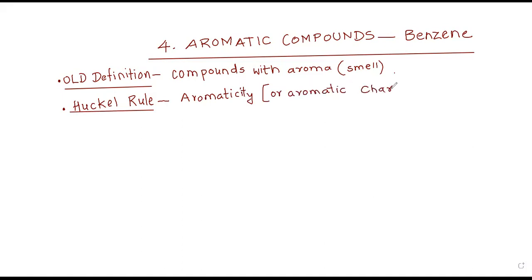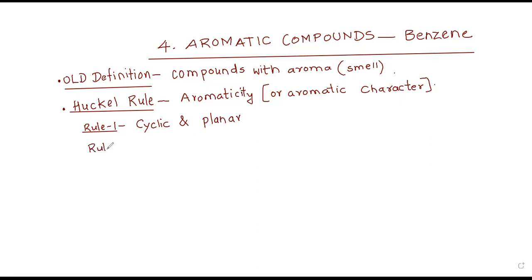So given any structure, if they ask you whether compound is aromatic or not, we have to check the steps. Rule number 1. This is given quite complex in your textbook. I'm making it quite easy. So please remember this and study this way only. Rule number 1. Compound should be cyclic and planar in one single plane.